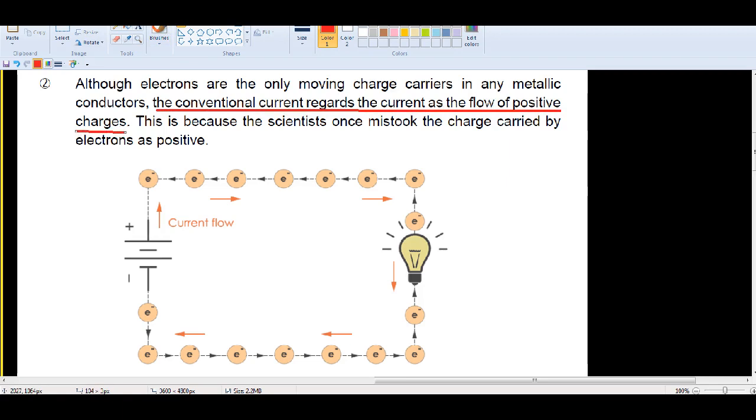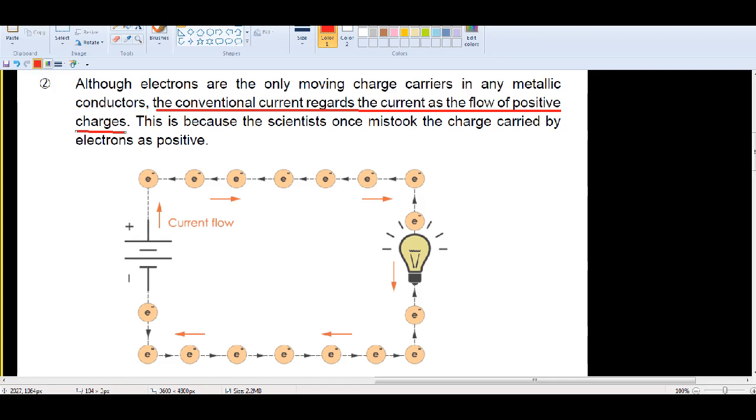Okay, so the actual flow of charge carriers is negative, all right, because electrons are negative. So the actual current should be from negative to positive. That's what really happens. But in science or in physics, we will always treat current as going from positive to negative.